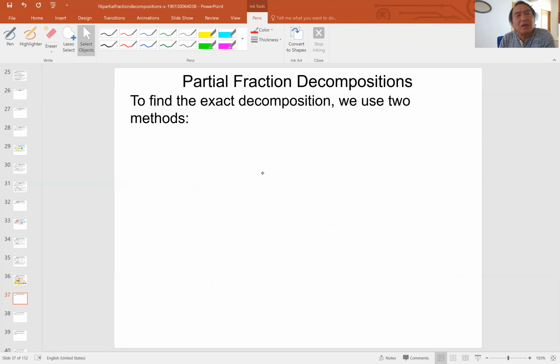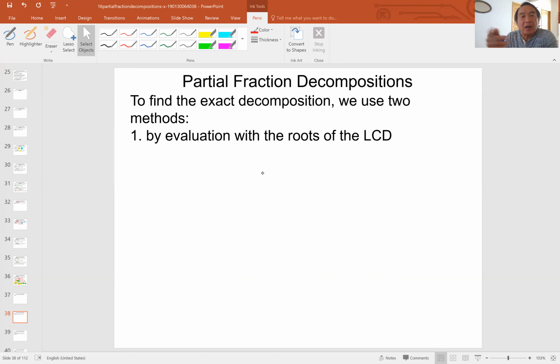By the way, a lot of textbooks give you a longer way of doing this with a system of equations. That's a very systematic way of doing things, but it might not be the fastest way. Things can be done a lot faster using these methods. Basically, you fish out, using simple methods, some of the numbers first: A, B, C, D, E. Maybe you can get A and C and D. There's an easy way to fish some of them out, and I'll show you which ones can be fished out.